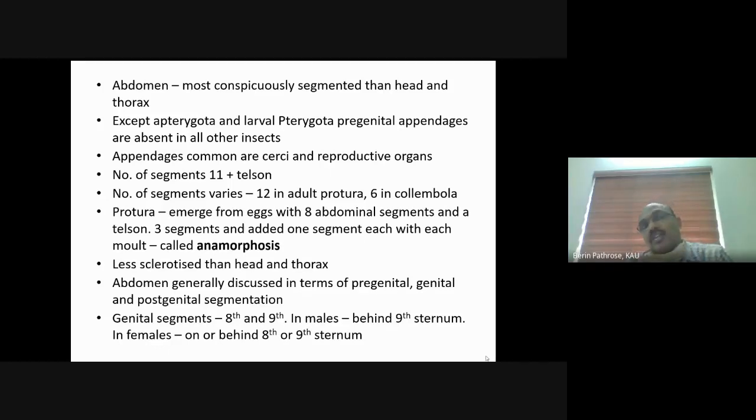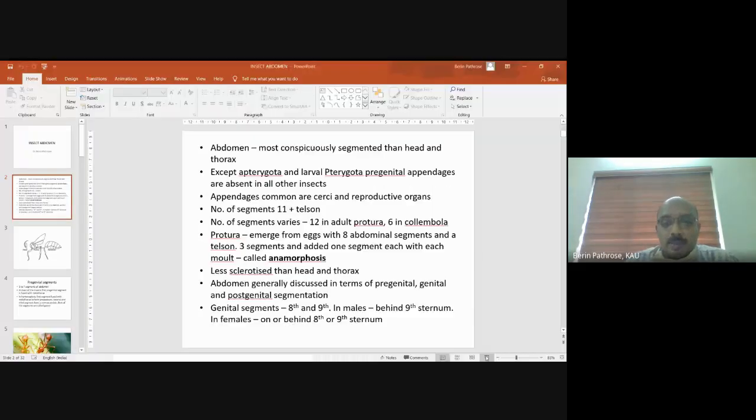So if we consider 11 segments in an insect abdomen, segments 1 to 7 we call the pregenital segments, because the 8th and 9th segments have the genital appendages. That means the male and female genital appendages are present in the 8th and 9th abdominal segments.